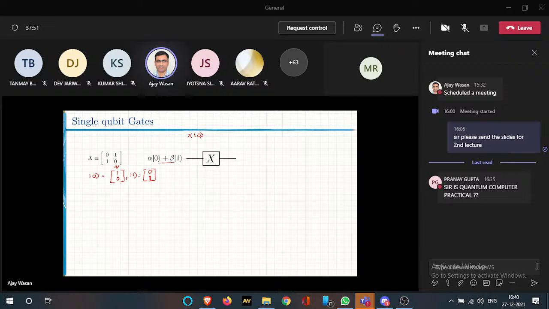You have learned matrix multiplication, all of you? Yes, sir. Suppose you apply X on 0, X on 1. If you apply X on 0, what will come? 1.